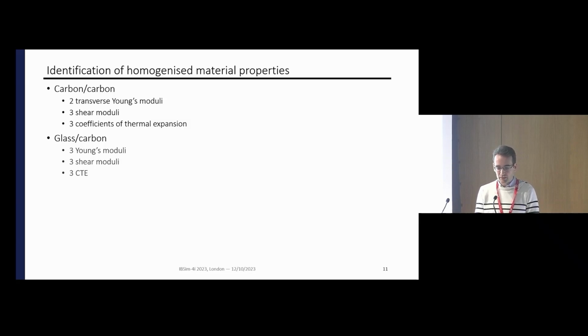So all I list here are the parameters that we have in the vector P. The thing which is interesting to say is that we don't identify the Poisson ratios because their sensitivity is very low if the displacement is very low. So we are not able to identify them properly, and anyway they will have a very small influence on the displacement field.